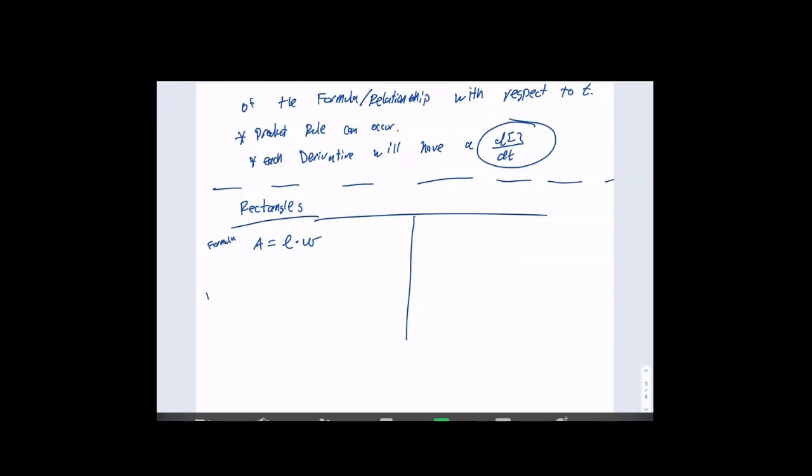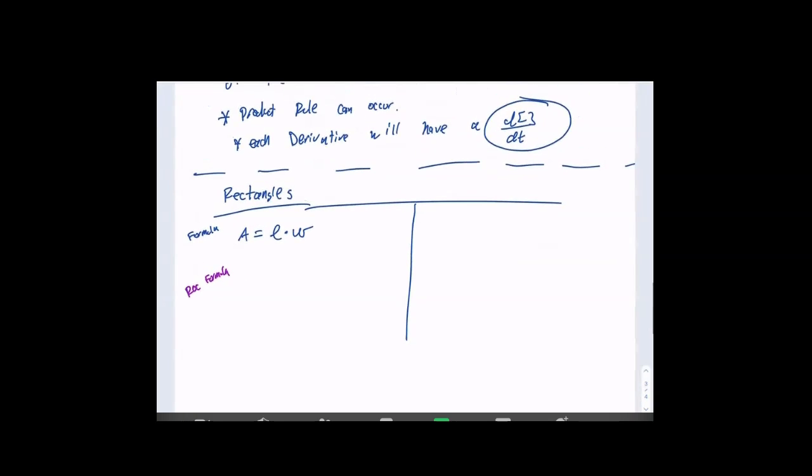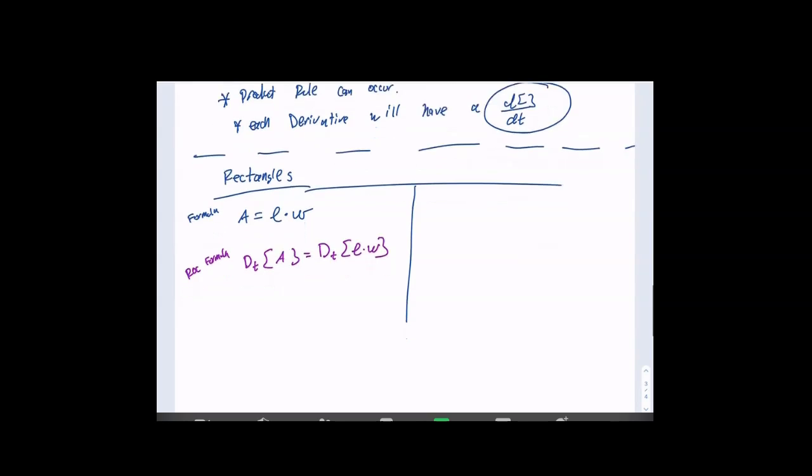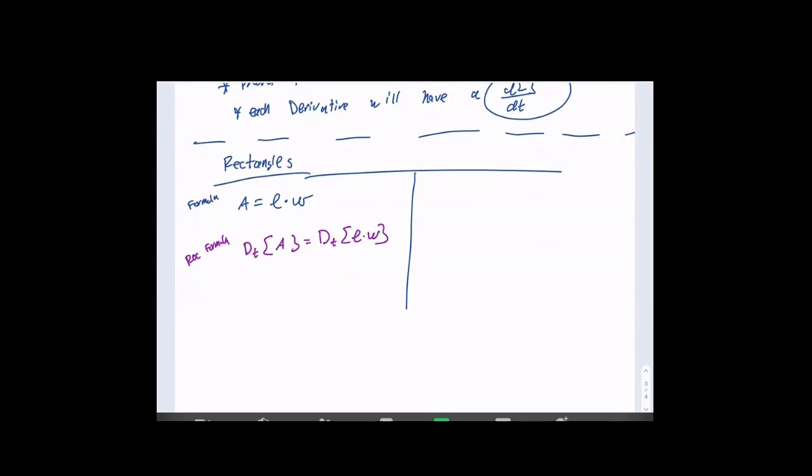The rate of change formula is differentiating this. What you're going to do is take the derivative with respect to t of A, the left side, and the derivative with respect to t of the right-hand side. So what do I get when I differentiate the left-hand side?